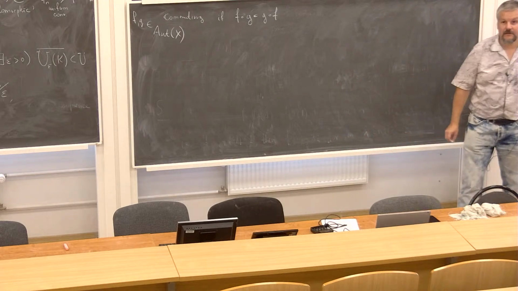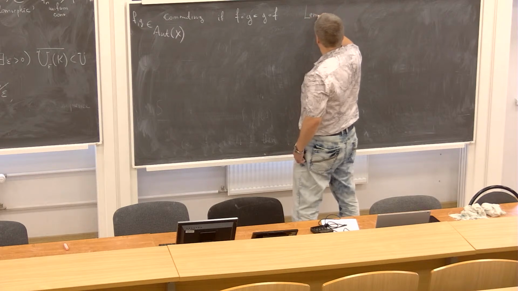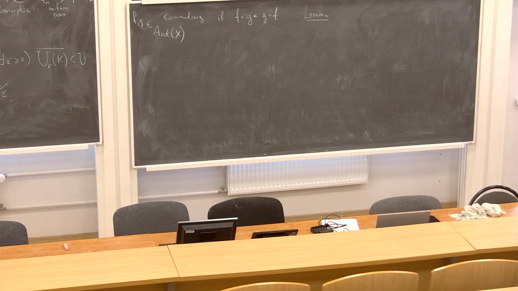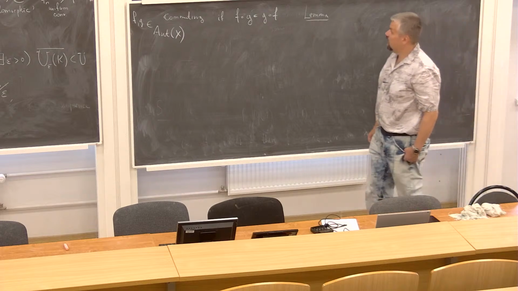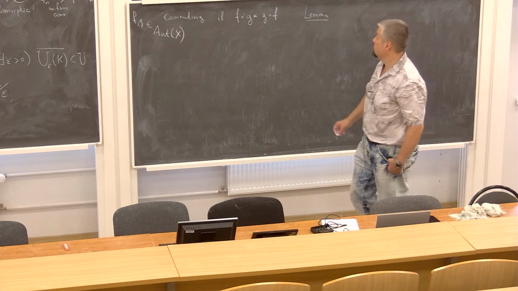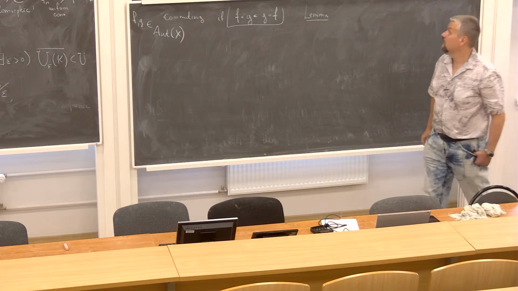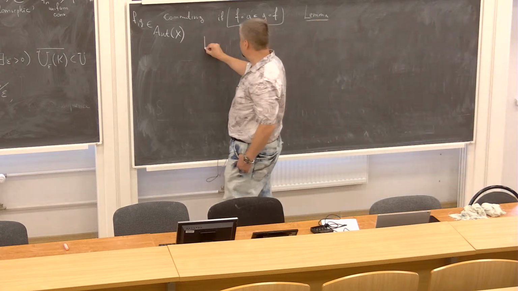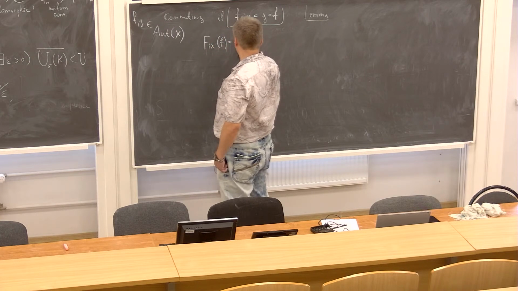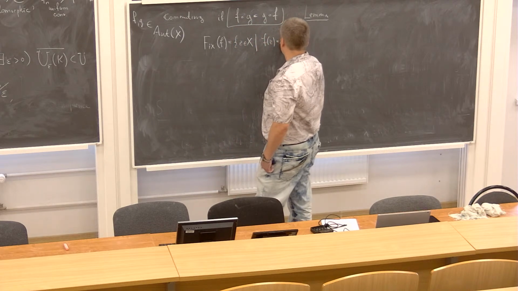And the basic lemma is that we can say something about the fixed point sets of these automorphisms, assuming that the two automorphisms commute. The fixed point set is just the set fix of f, which is the set of all points z in X such that f of z is equal to z.